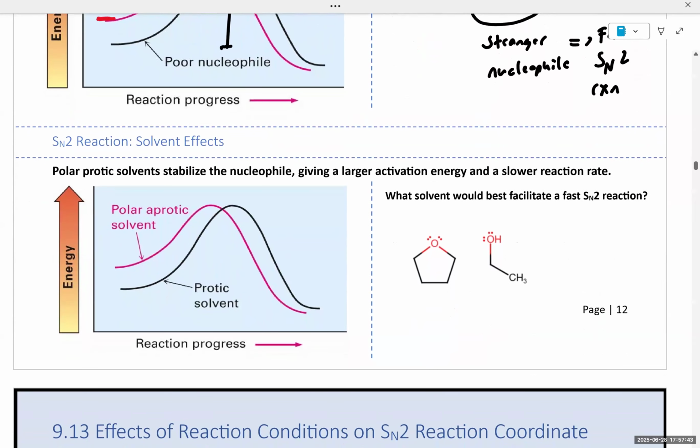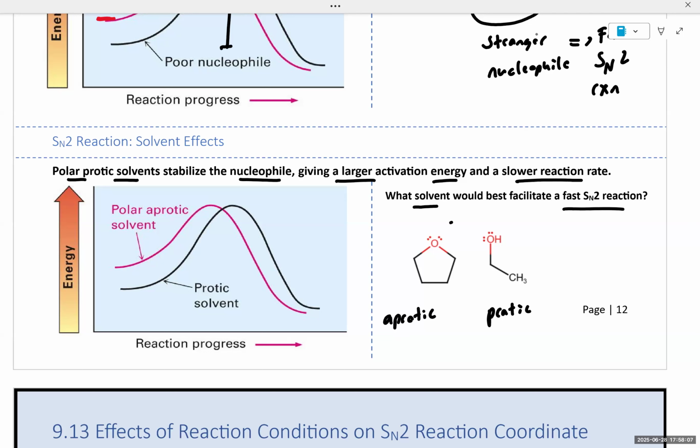As we discussed in terms of solvent effects, polar protic solvents stabilize the nucleophile, giving a larger activation energy and a slower rate of reaction. So if we had a choice of which of these two solvents would best facilitate a fast SN2 reaction, we can either choose a protic or an aprotic solvent.